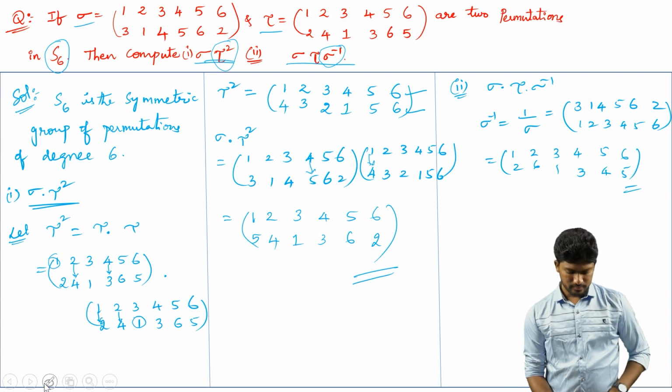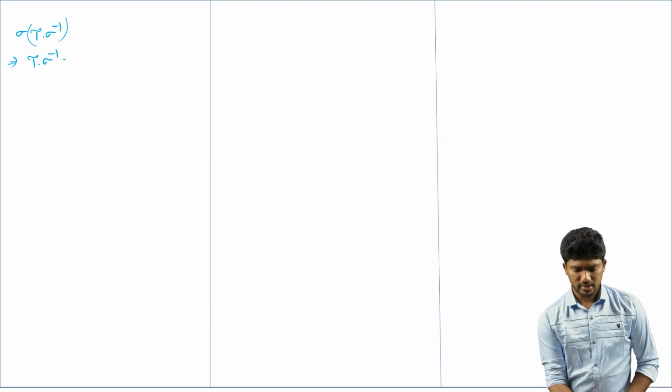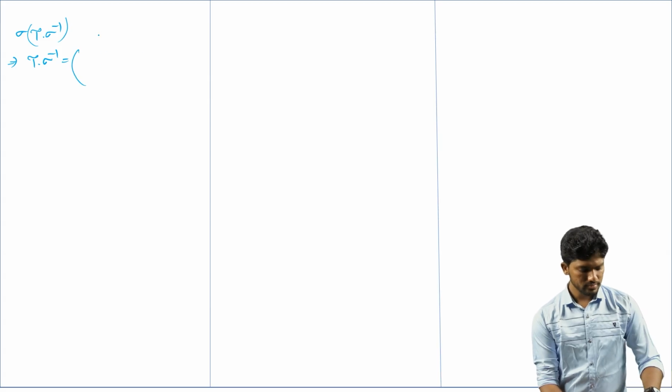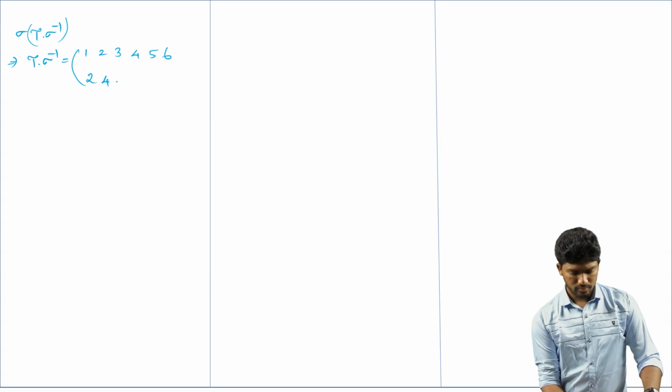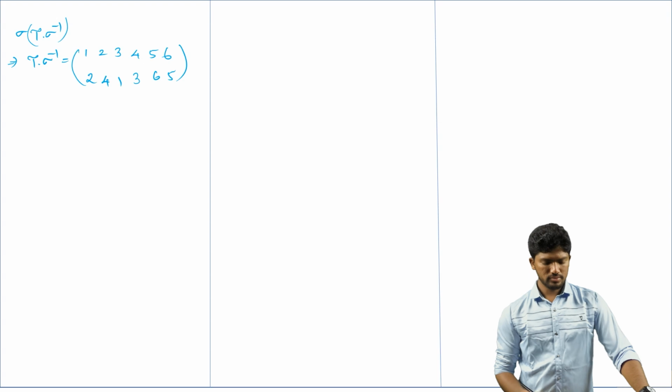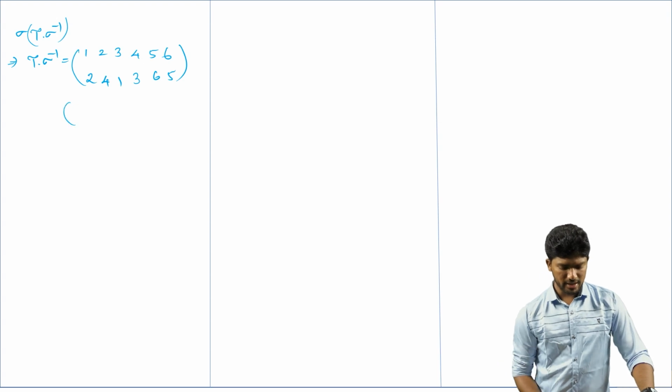The next step, sigma tau sigma inverse. Okay. So now first of all I am doing this product, tau into sigma inverse. Write the tau value, this is the tau value, and the sigma inverse value I am writing here.